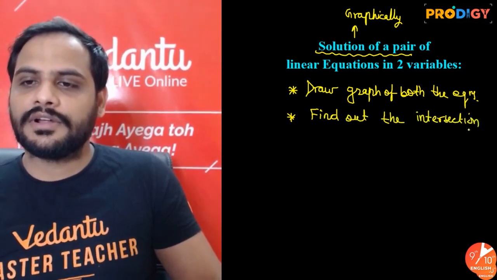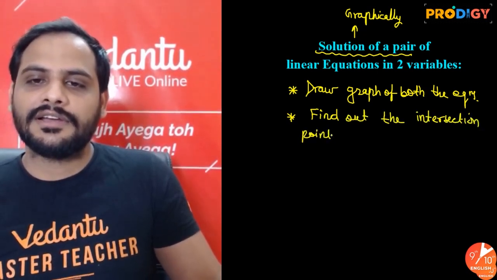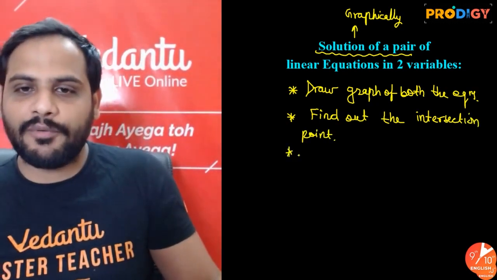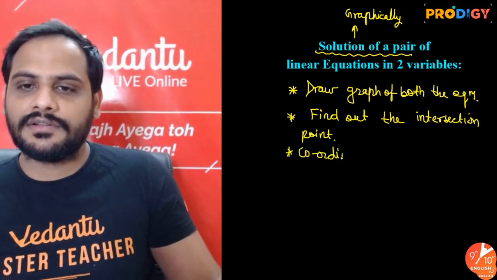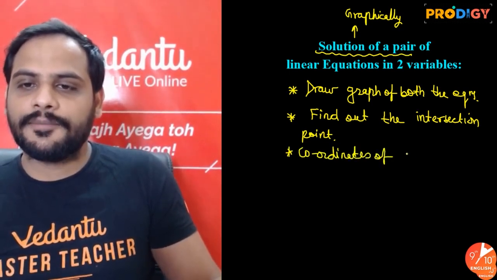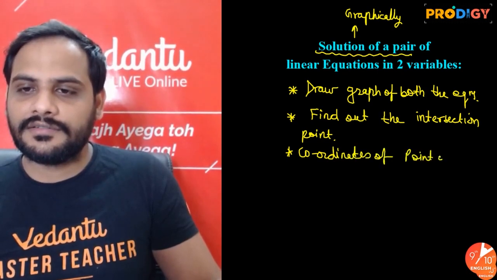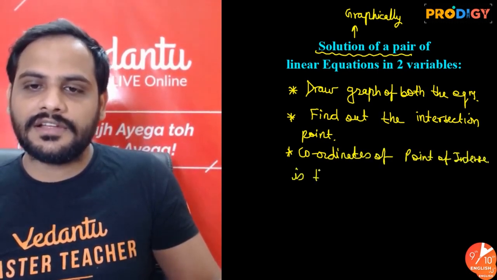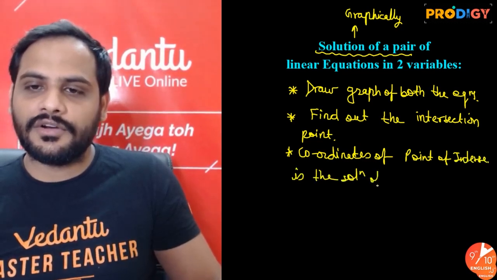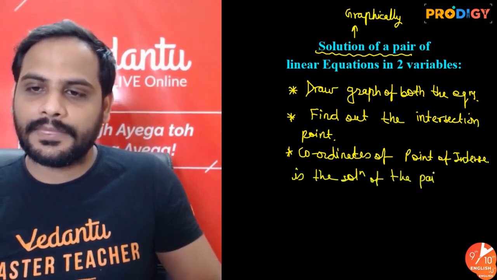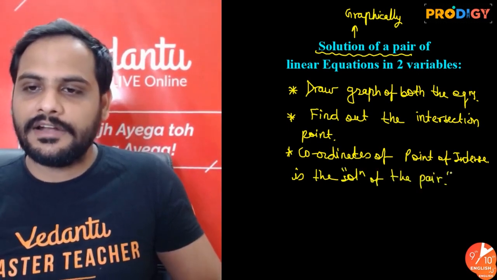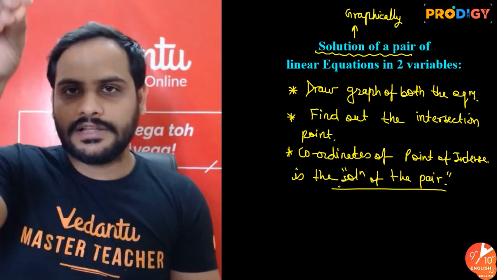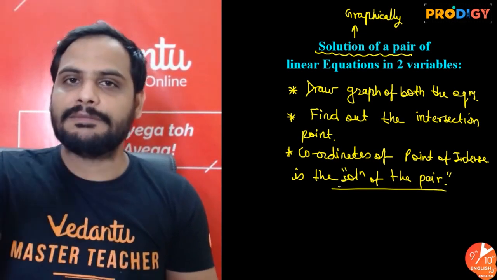The coordinates of the point of intersection is the solution of the pair. We need to find the point of intersection, and whatever point of intersection we get, that point's coordinates will be my solution.